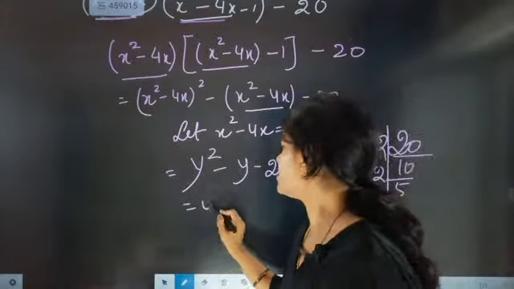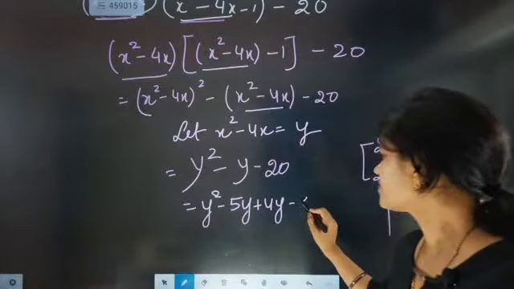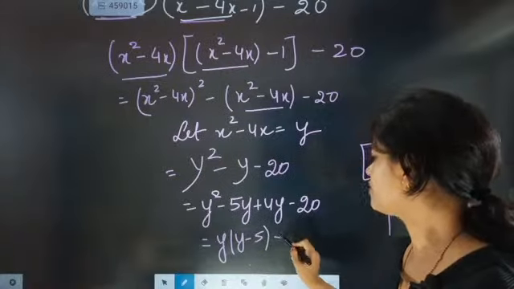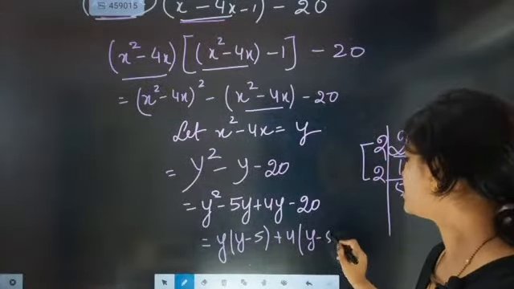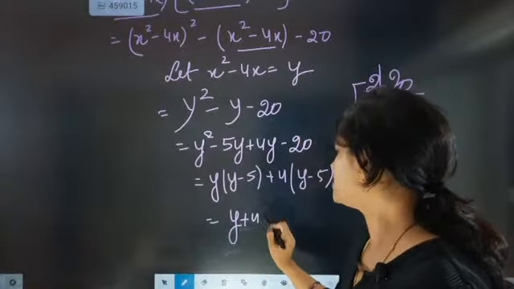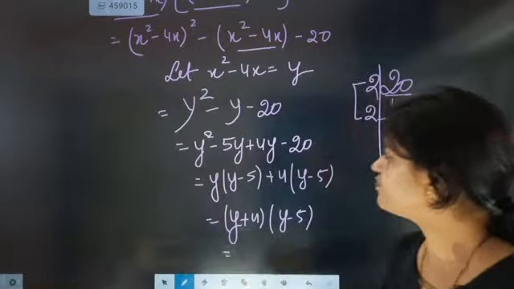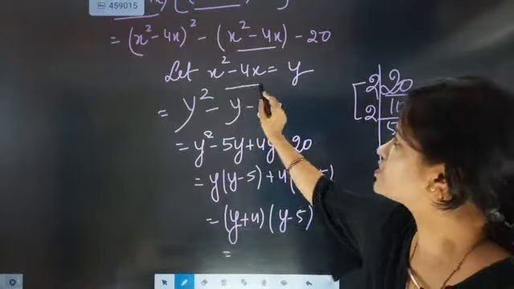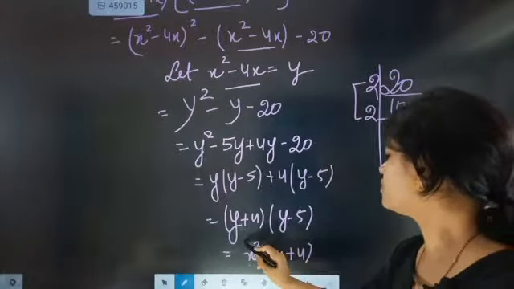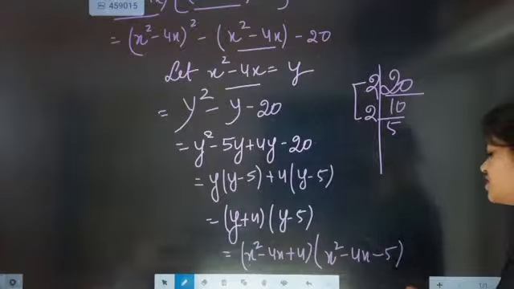So it is going to come as y square minus 5y plus 4y minus 20, which is y minus 5 plus 4, y minus 5. So it will become y plus 4 and y minus 5. Now what is y for you? y is exactly x square minus 4x. So x square minus 4x plus 4, and next is x square minus 4x minus 5.